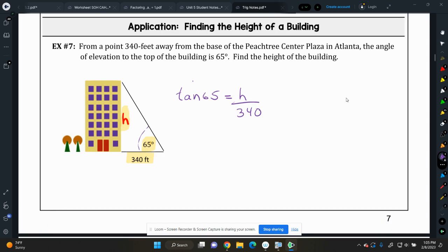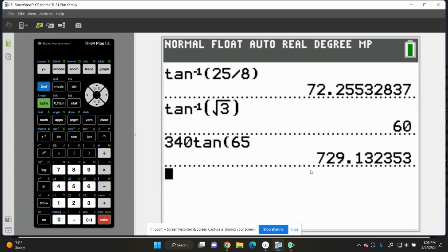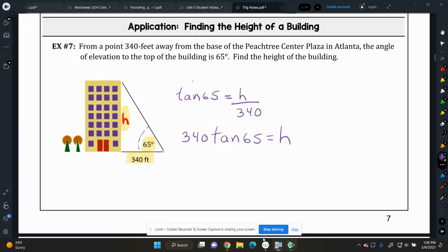This is what we're going to do next week when we go outside. So how do I solve for h? Multiply by 340 on both sides. So h is 340 times the tangent of 65, and we're going to round that to 729 feet.